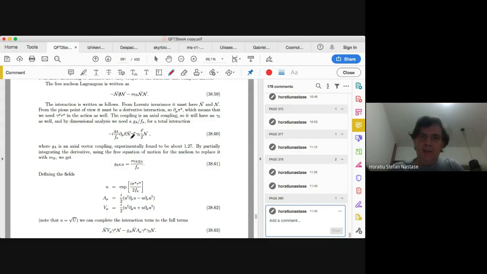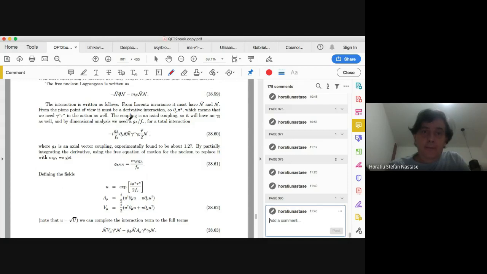That means I have to put gamma mu, but there's also an index a on the pion. So it's gamma mu tau a. That's the only possibility. That's the only constant matrix that can keep the relativistic and isospin invariance.